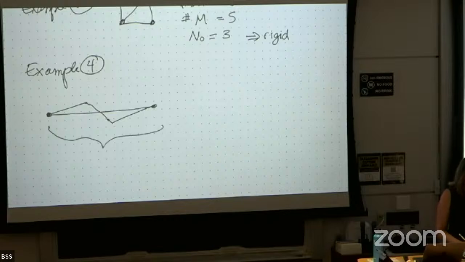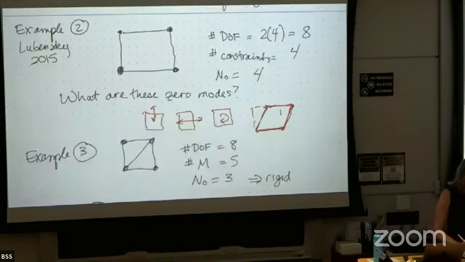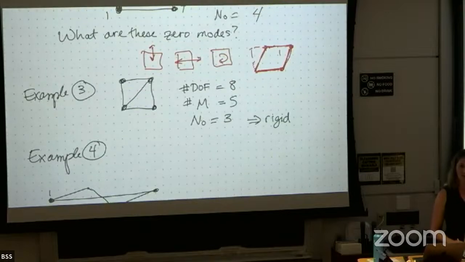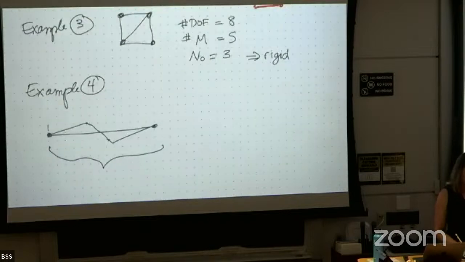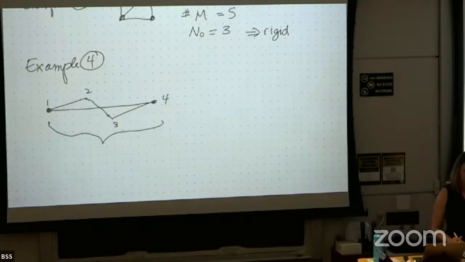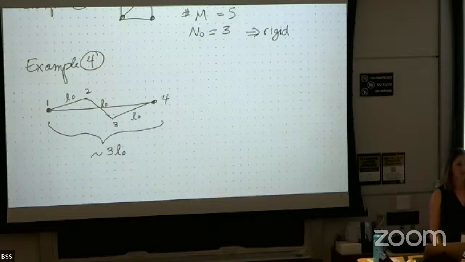If these are points 1, 2, 3, and 4, I've changed the geometry, not the topology, nothing that we have counted. The length between 1 and 4 is now approximately 3 times the rest length that these individual springs prefer.